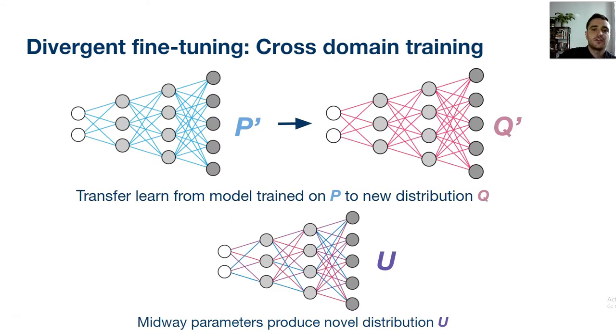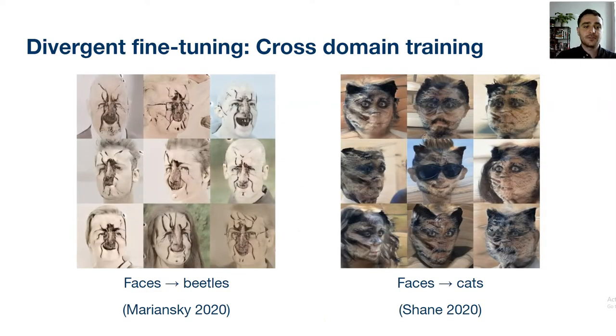So the first method we're going to discuss is cross-domain training. Here we're starting from a pre-trained model trained on one domain P, and then we're going to perform transfer learning to a new domain Q. However, if we stop halfway through, the parameters of the iteration of the model at this midway point can produce results that are a hybrid between these two domains.